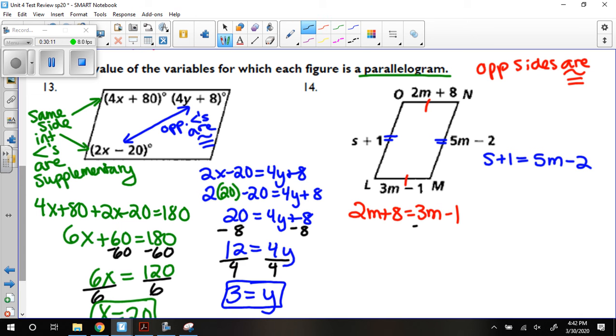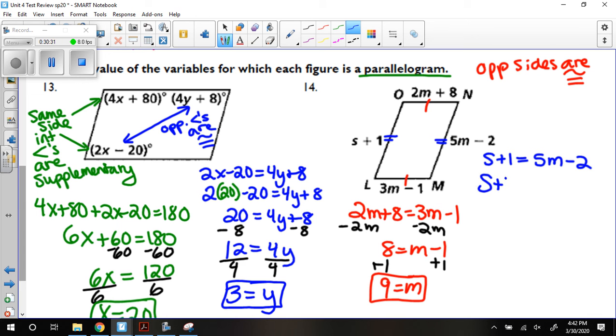I'm going to subtract our 2m. We've got 8 equals m minus 1, and add the 1. Okay, so we've got 9 is what m is. Now I can take that m and plug it into my blue equation over here.